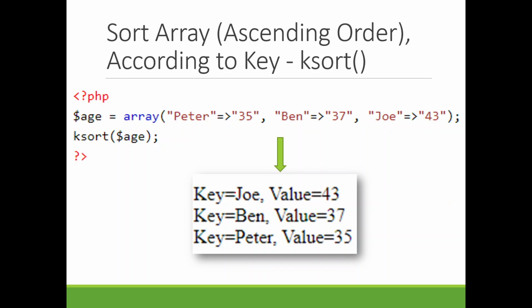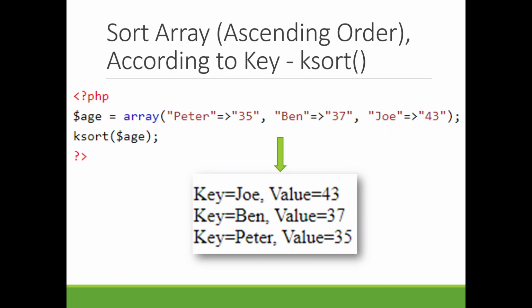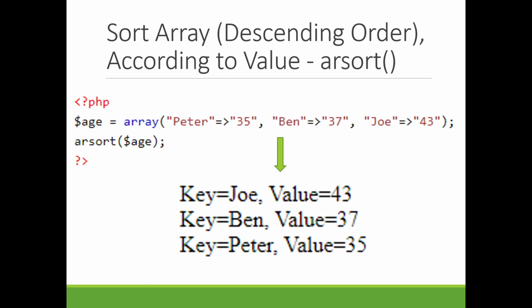But if it's according to the key, ascending is going up. I think this screenshot, this result might be wrong. I think it's actually wrong. So please find out, read more and check the example on W3Schools.